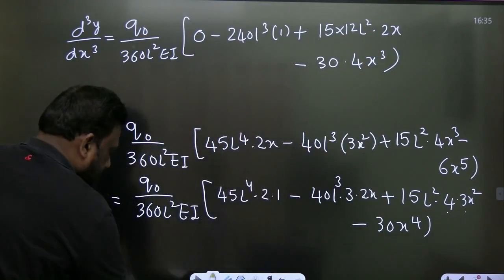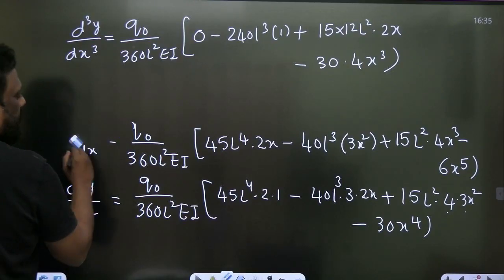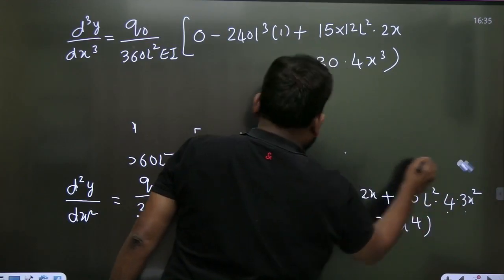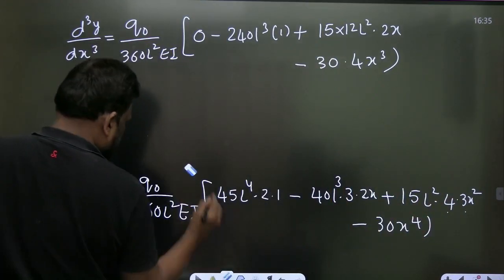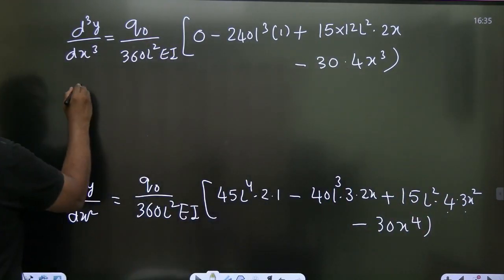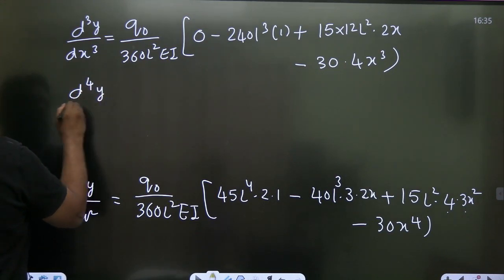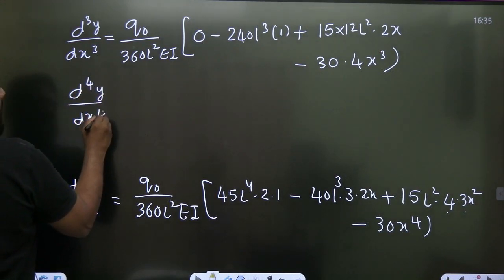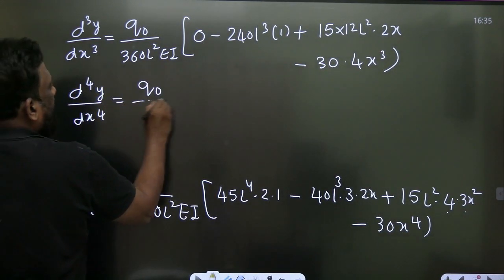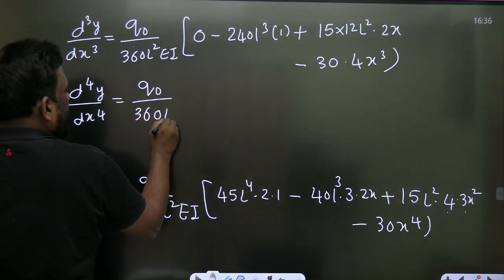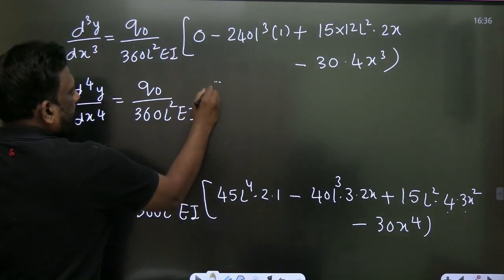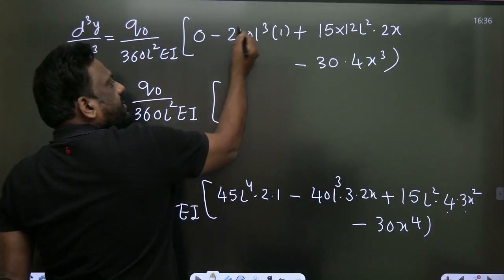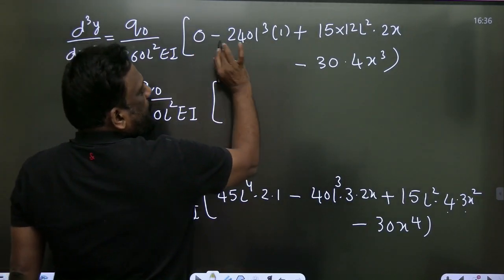So let us differentiate for the last time, my dear friends. d power 4 y by dx power 4 is equal to Q0 by 360 L square EI into, and this is constant, differentiation of constant is 0.